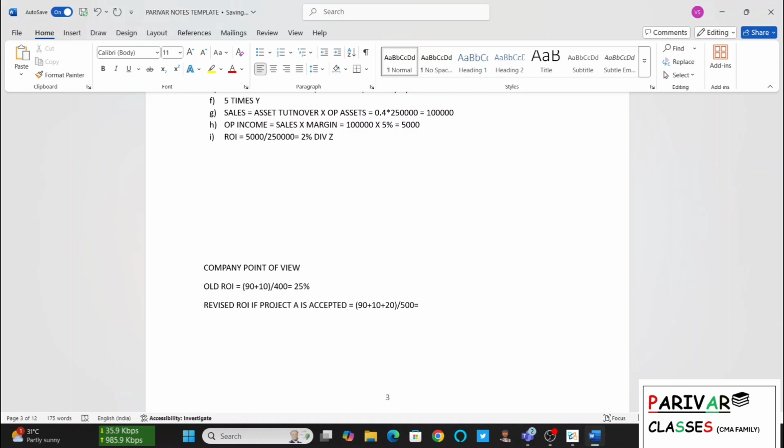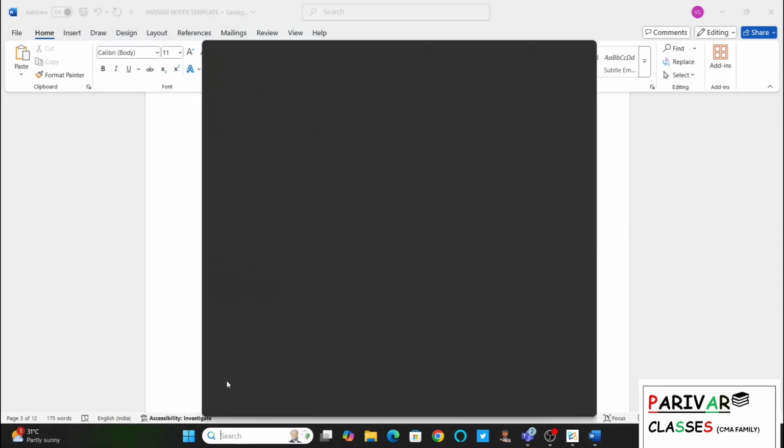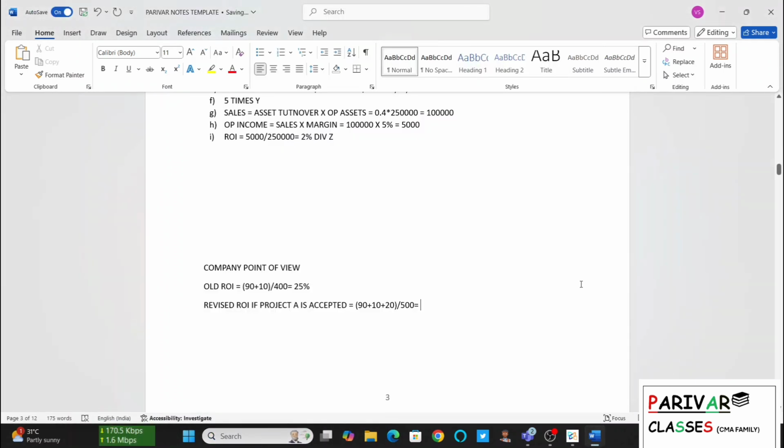Just calculate this: 120 divided by 500. Or shall I calculate? Yeah, I will calculate. Okay, 24 percentage. This means we should not accept division A's project because ROI is reducing from the overall company's point of view.